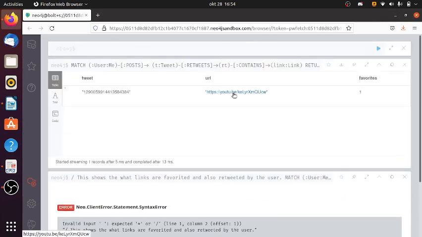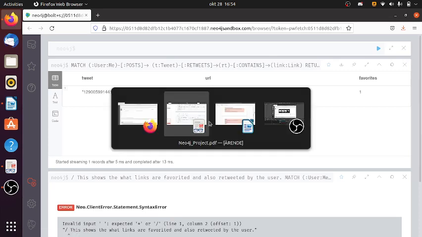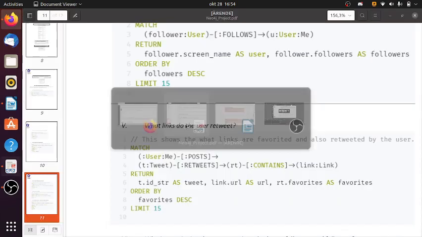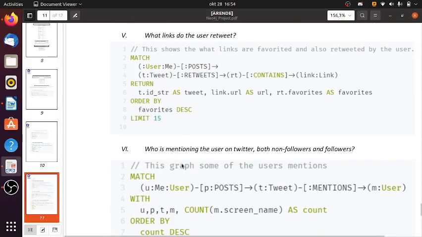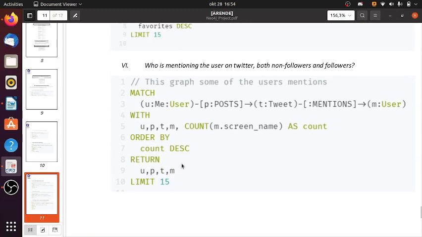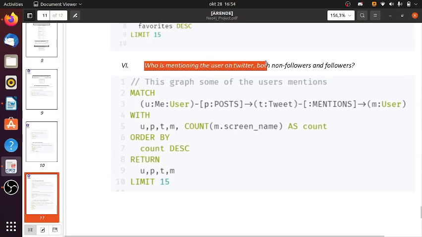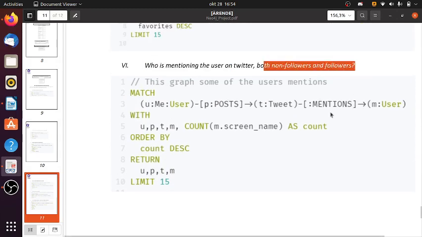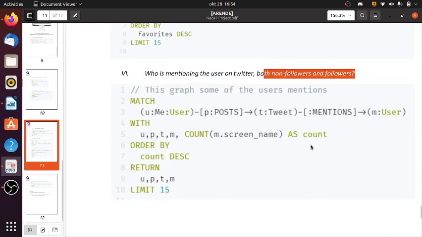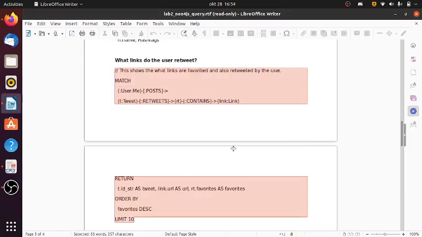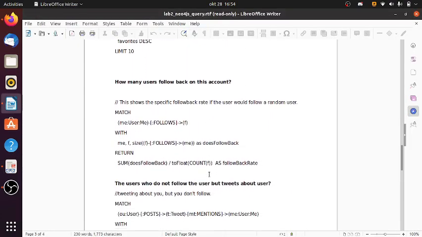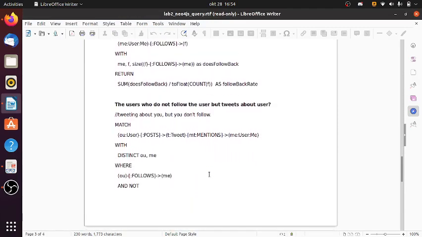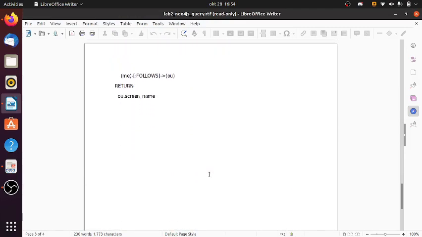So it shows it's only been one link that has been retweeted by the user, so it does not show 10, but the limit is 10. If the user would retweet 10, it would show all 10. And who is mentioning the user on Twitter, both known followers and followers, we showed this earlier, right? So we don't need to demonstrate it. So basically I think this was all.